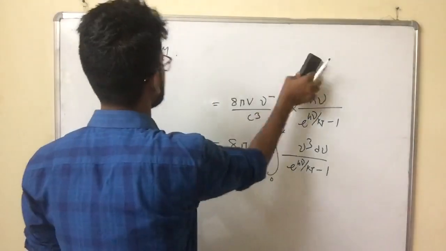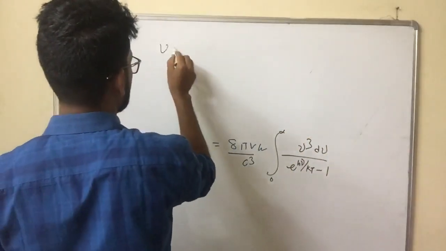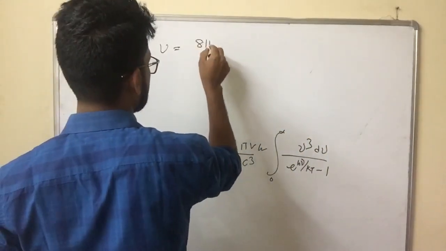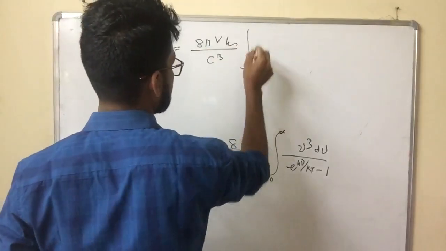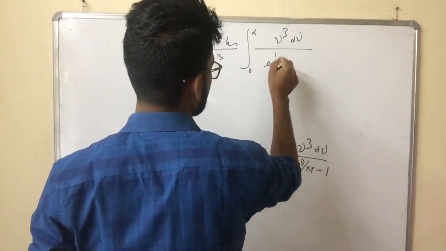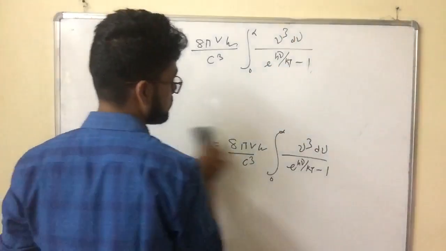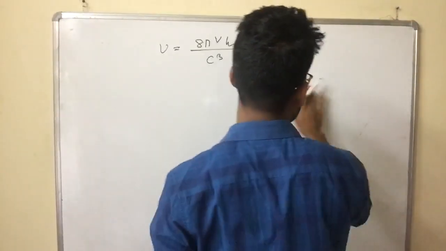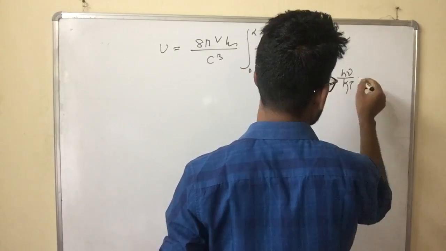So total energy equals 8 pi V h over c cubed integral 0 to infinity nu cube d nu over e to the power h nu by kT minus 1. Now similar to the previous calculation, you put h nu by kT equal to x.